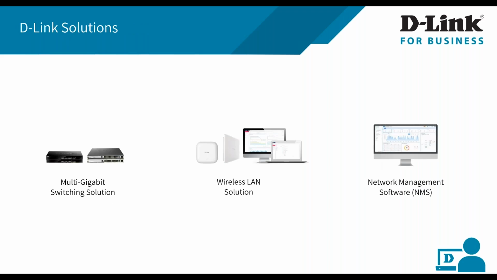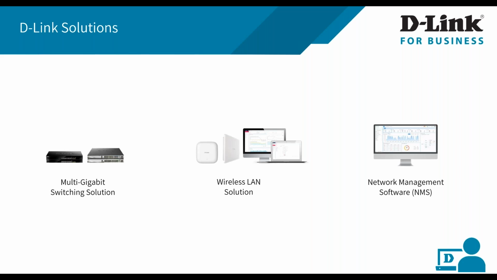So far we discussed the need for multi-gigabit and how it is going to benefit ICT-driven businesses today. Now let us discuss the multi-gigabit Ethernet solution and what D-Link has to offer, which can help to build an end-to-end multi-gigabit based high-performance wired as well as wireless network.